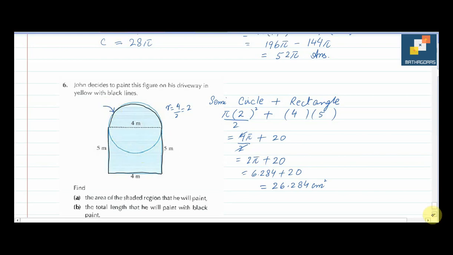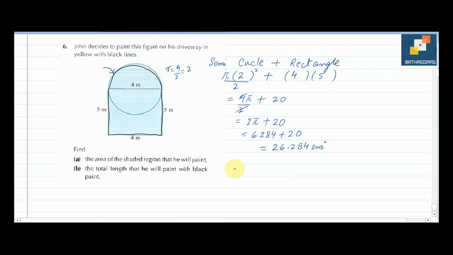Do you know the working formula? If you know the working formula, it's good. If you don't know the working formula, then I recommend you learn all the working formulas. The more quickly you learn the working formulas, the more easily you can do the questions. Now the arc length of a semicircle is pi r, right? And the value of radius is 2, so arc length is 2 pi, or it will be 6.284.